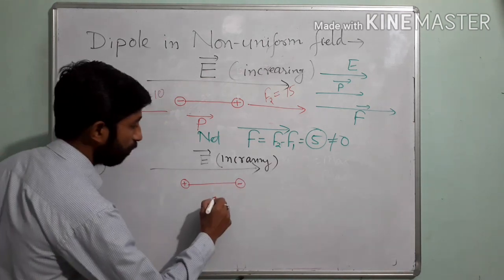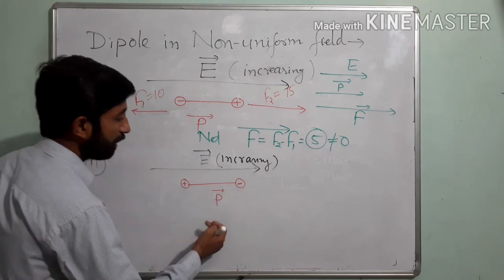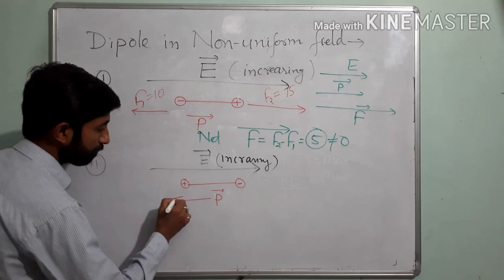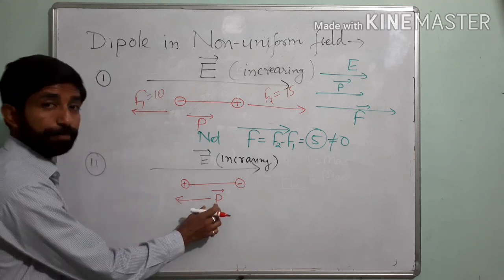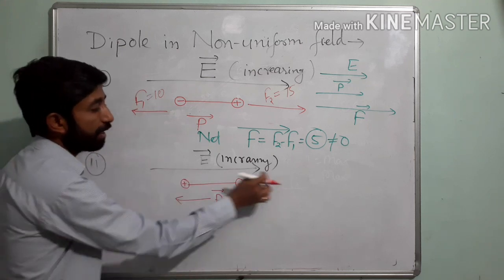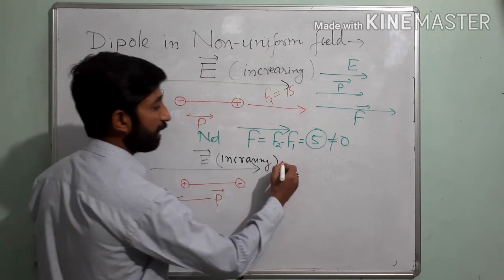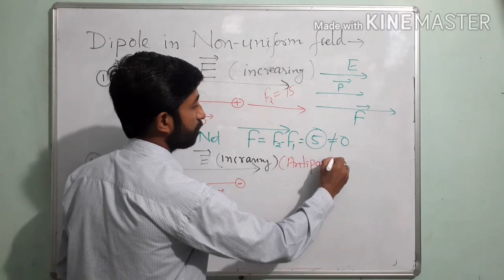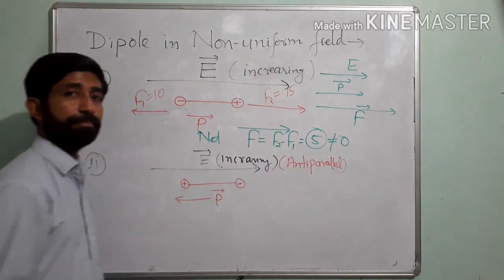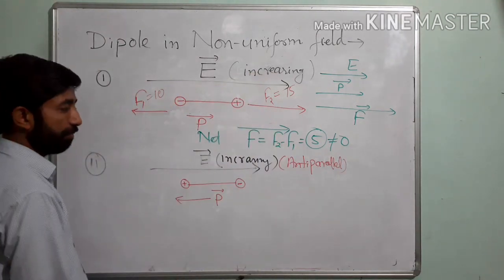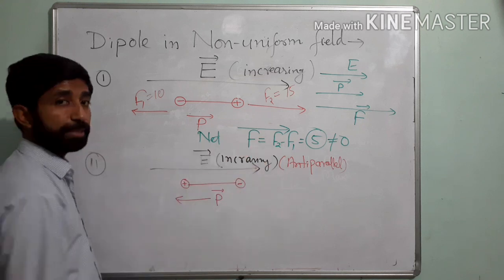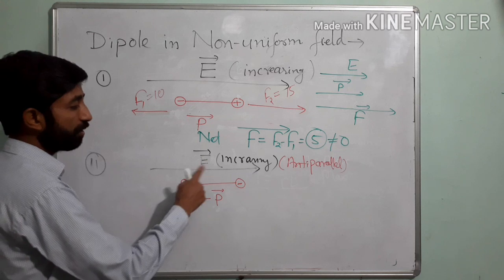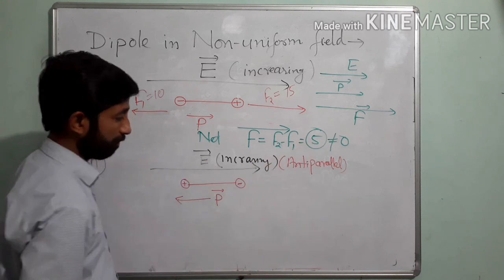So the dipole moment P vector will be along this direction, opposite to the electric field. That is the anti-parallel condition, and that was the parallel condition. Again the field values will be the same as described here: 1 Newton, 2 Newton per coulomb, 3 Newton and so on.